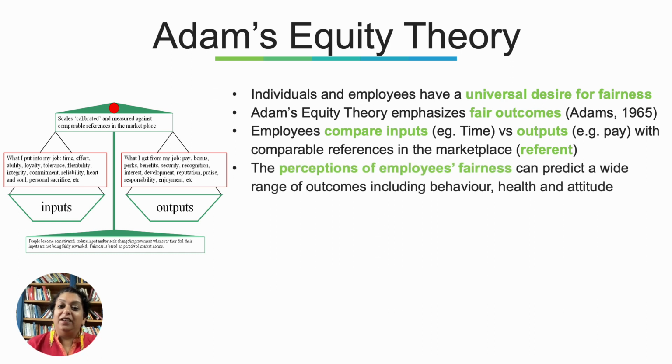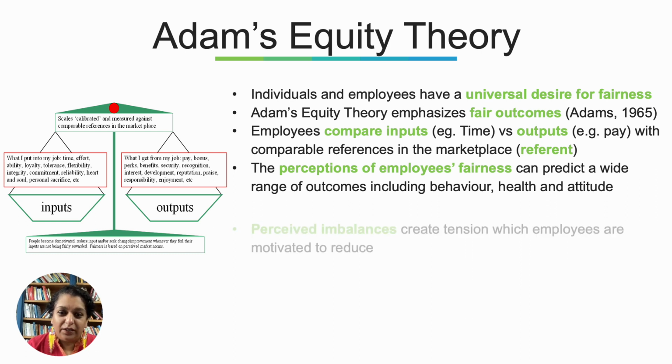If we look at this then, the perceptions of an employee's fairness can predict whether a person is happy or not. It can lead to behavior that's tolerable or not. It can lead to health implications, as well as attitude with how they refer to people within a team or organization or within themselves.